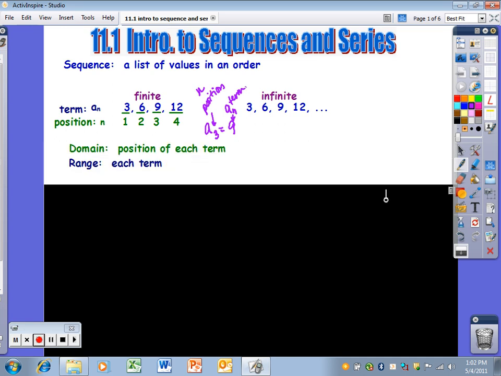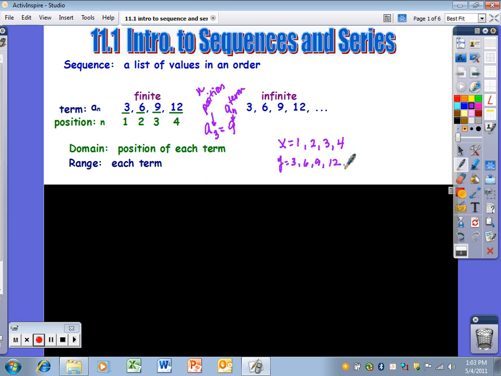The position is always referred to as the domain of the sequence. The term is the range. So if I'm looking at that finite sequence, the domain would be x equals 1, 2, 3, or 4. The range would be y equals 3, 6, 9, or 12.